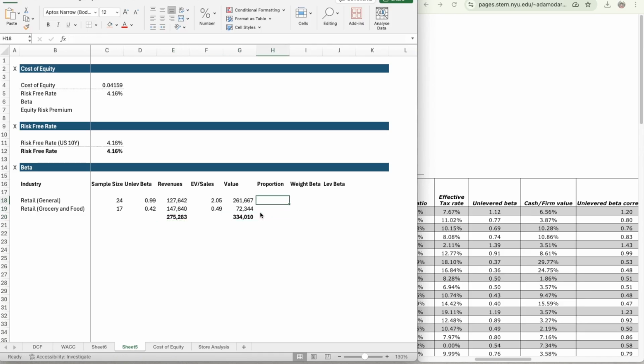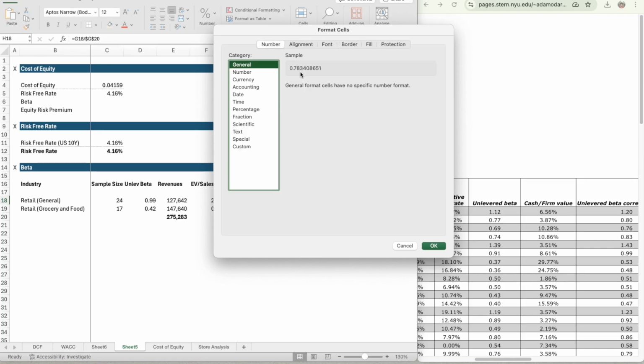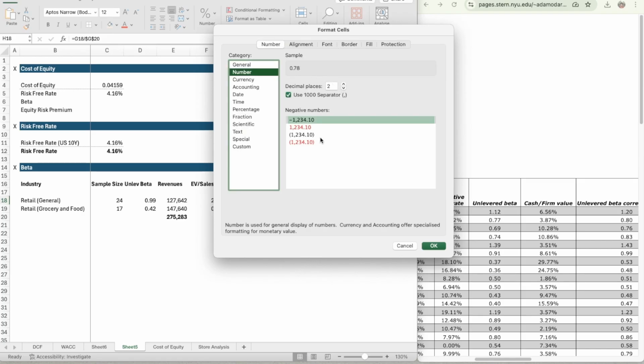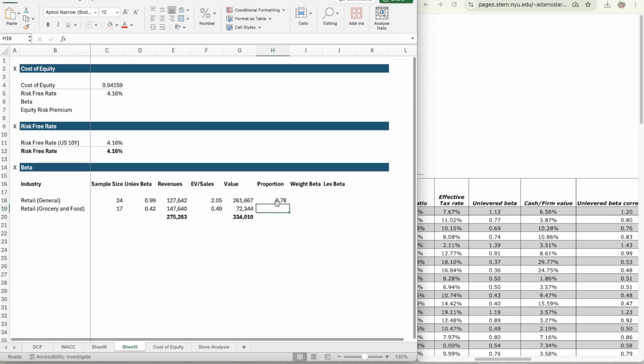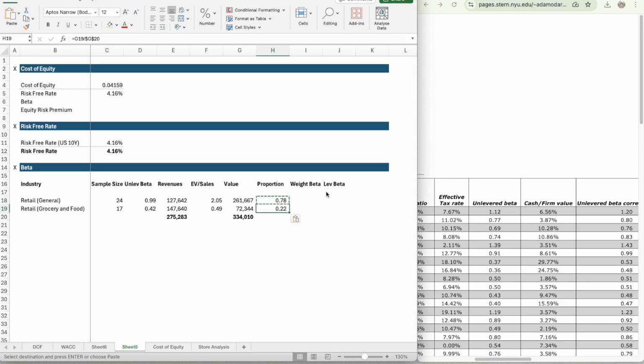Now proportion is going to be the value divided by the total value, and remember to lock this one in, and that gives us 0.78. There we go, and we can bring that down. Always make sure it equals 1. Perfect.